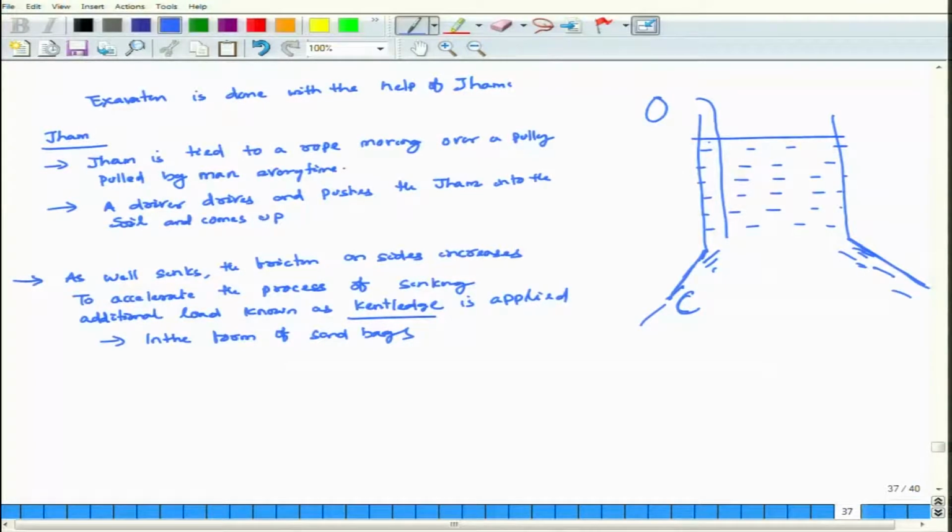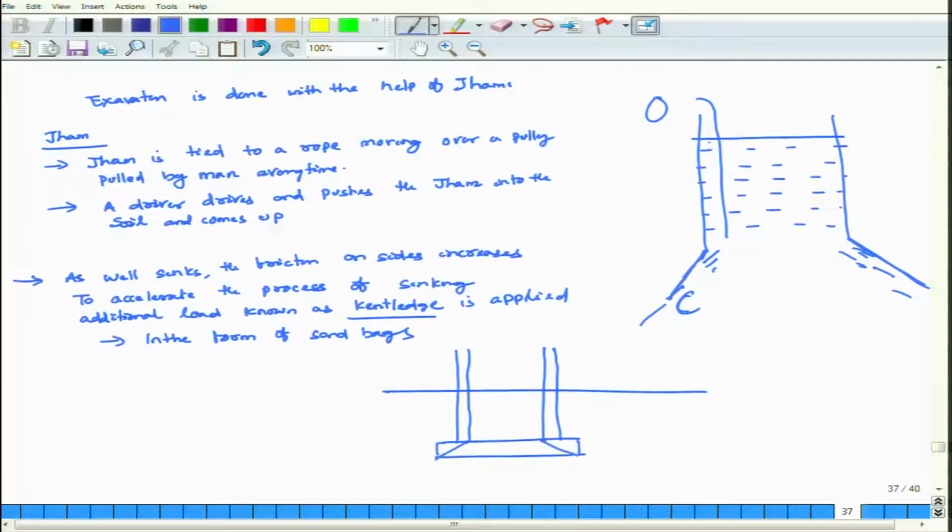So, if I start with this, let us draw it. This is my well.